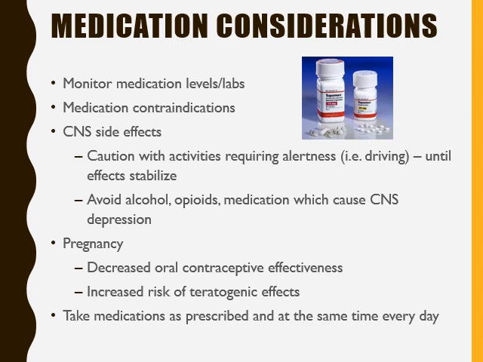So for example, the Dilantin especially, we need to monitor for that narrow therapeutic index and get the levels on there. We know that it is utilized for preventing seizures, so we need to make sure they aren't having breakthrough seizures while they're on this drug. Majority of these drugs also can't be used while they are pregnant. And so you need to find drugs that will work for people who are pregnant.